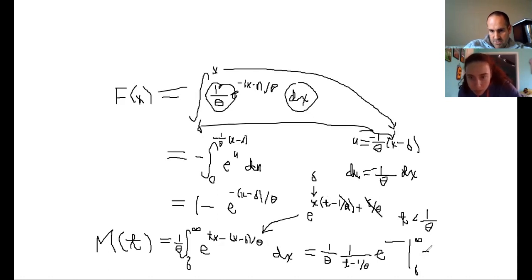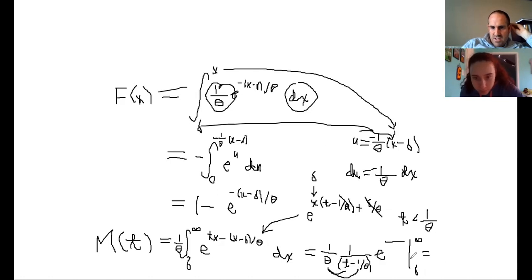Okay, so what am I going to get for the moment? This thing's going to work out pretty nice. That sort of tells you that it's got to be right. So it's going to be e to the delta t. And look at this. If I distribute this in here, aren't I just going to get theta t minus 1?